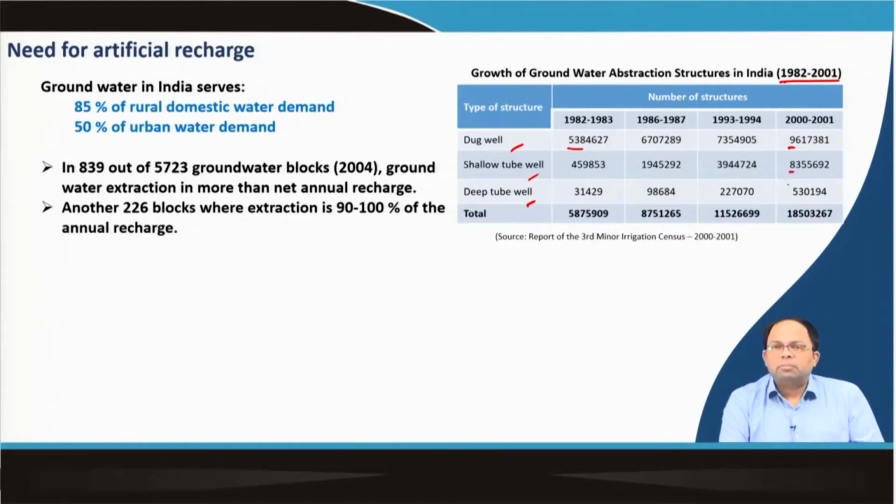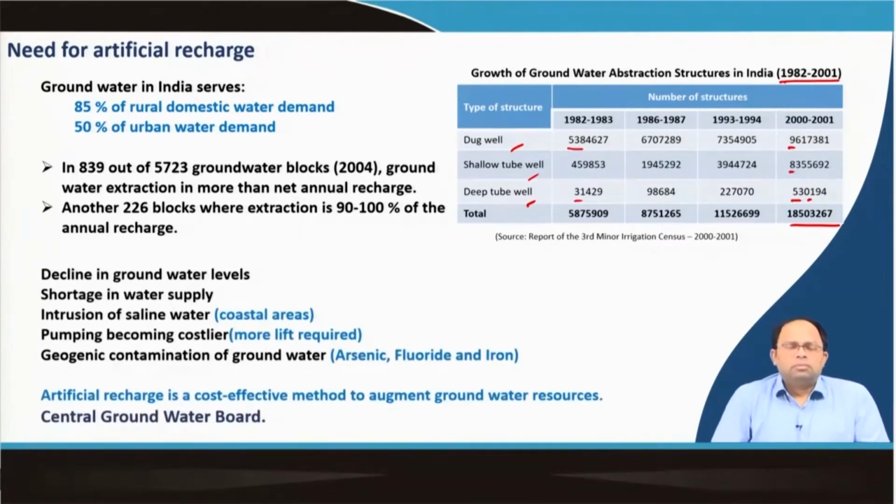So, you can understand the increase in numbers. Similarly, deep tube wells were only 31,000, whereas it is now 5 lakh 30,194. So, you can understand the rate at which we are extracting our groundwater, and this data is for 2001; for now it has increased further, and that means other groundwater blocks will also gradually get depleted. So, that is why we need to be very, very concerned.